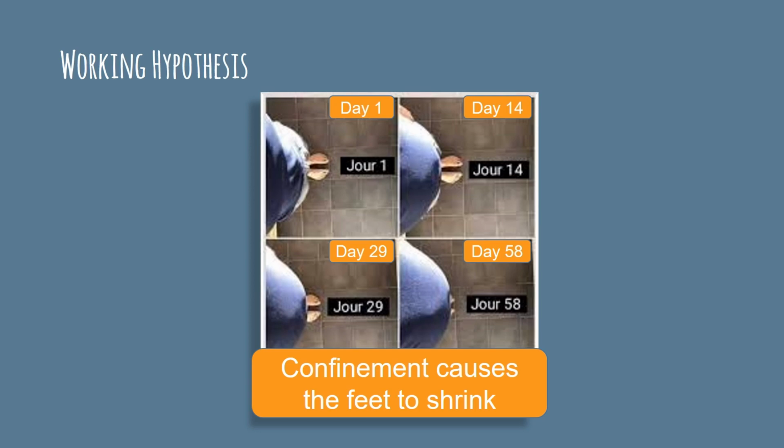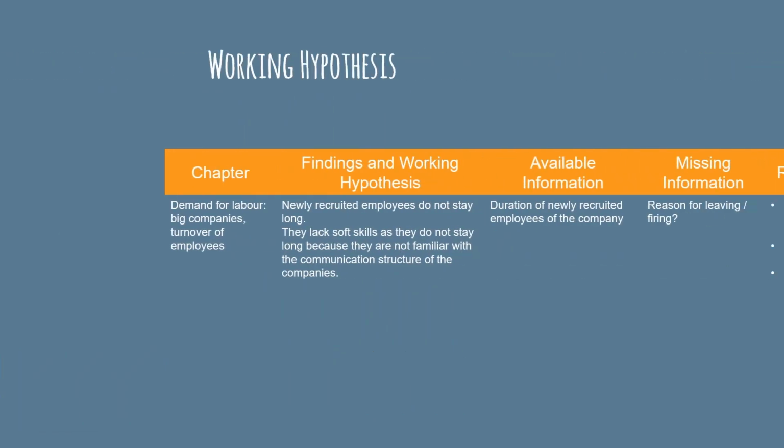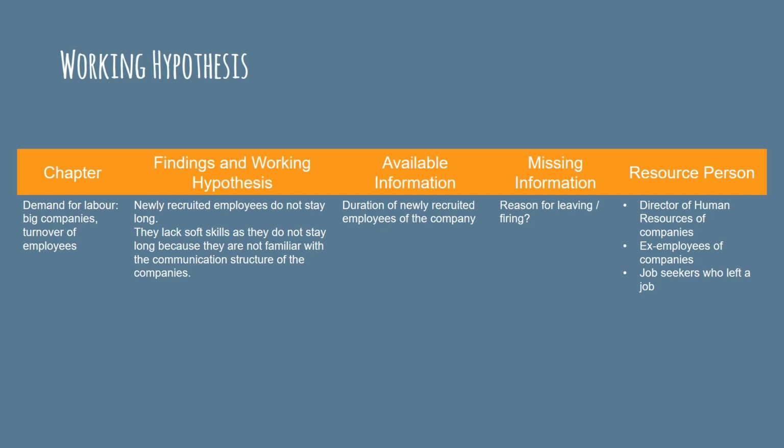In this sense, data triangulation refers to the application and combination of several research methods to overcome the weaknesses or intrinsic biases and the problems that come from a single method. One method of data triangulation is taking the information from your desk research, formulating working hypotheses, and checking them during interviews or focus group discussions.